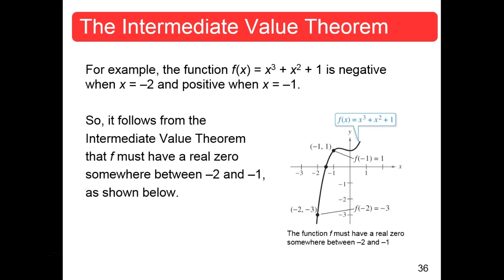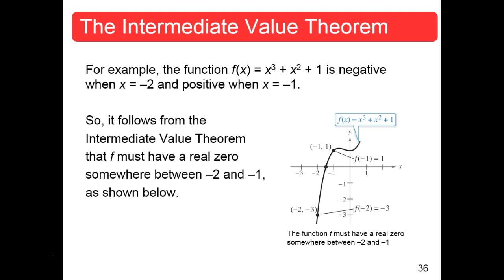There's not a single tool we've used so far that's going to tell us where that zero is. But we know it's there somewhere between -2 and -1. There's got to be a zero. Now, looking at the graph can suggest it may be a little closer to -1 than -2, but it's hard to say, especially if you draw graphs like I do.